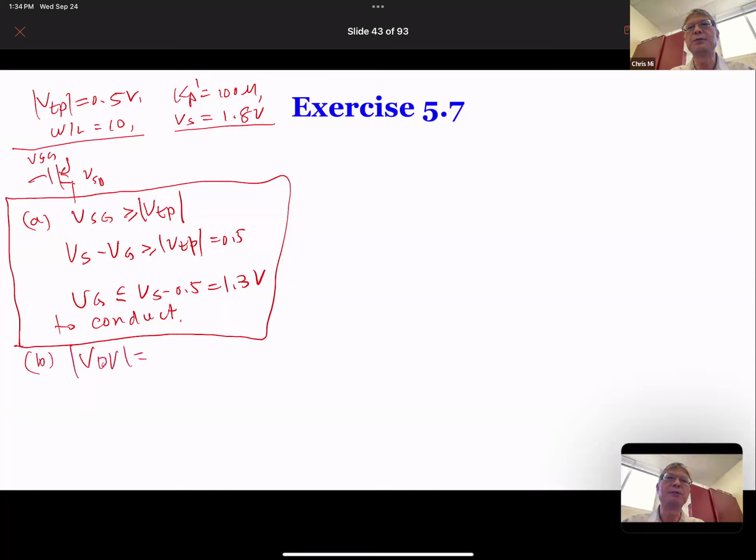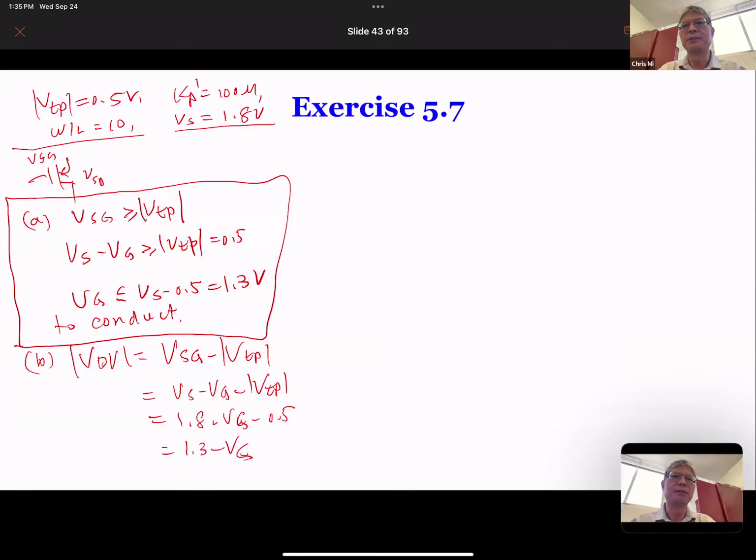So VOV equals VSG minus VTP. VSG can be written as Vs minus Vg, minus VTP. And Vs is given 1.8, so Vs 1.8 minus Vg minus 0.5. That gives you 1.3 minus Vg, and this is VOV.